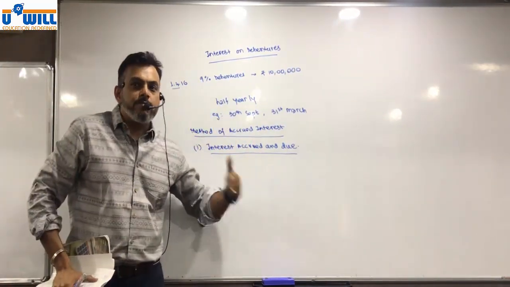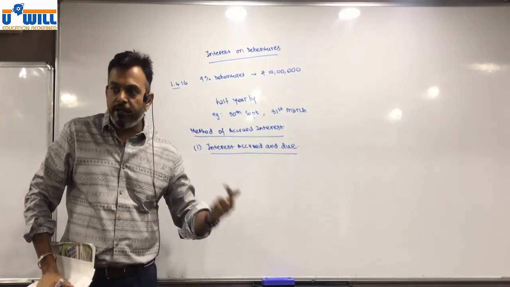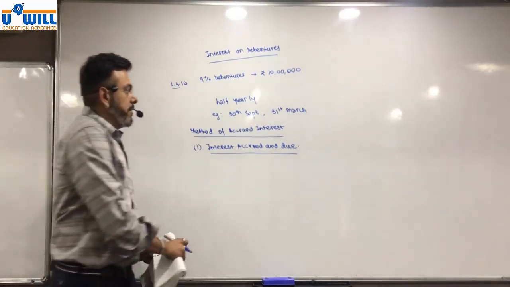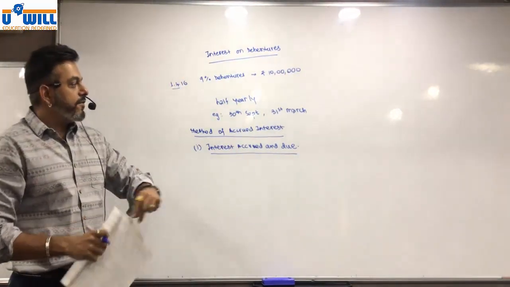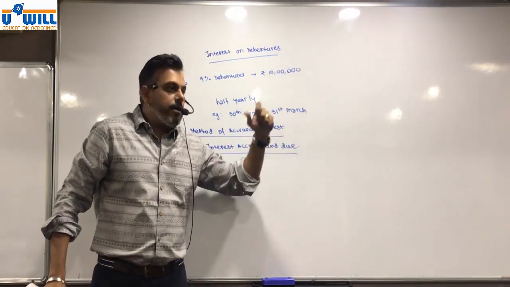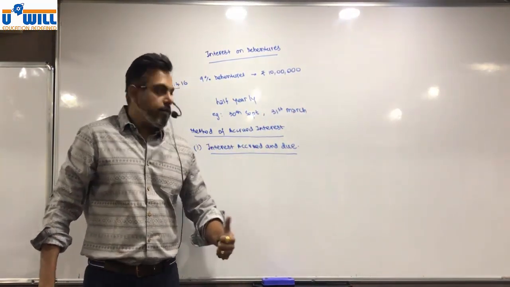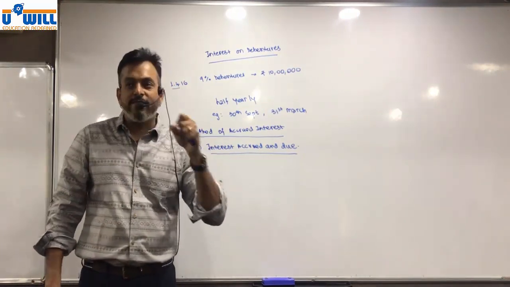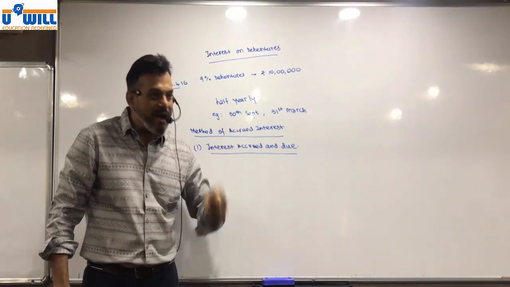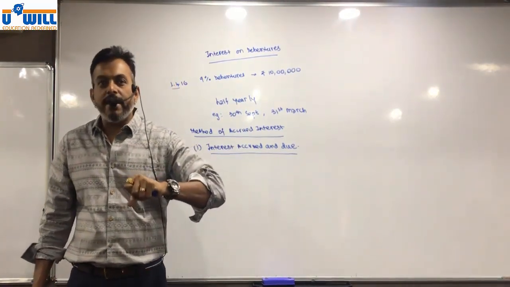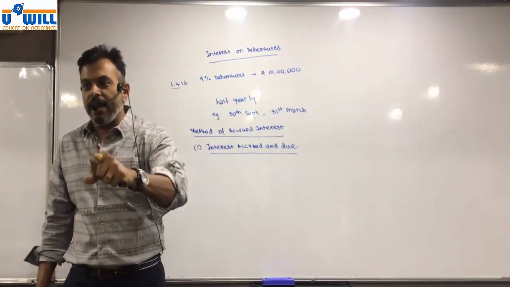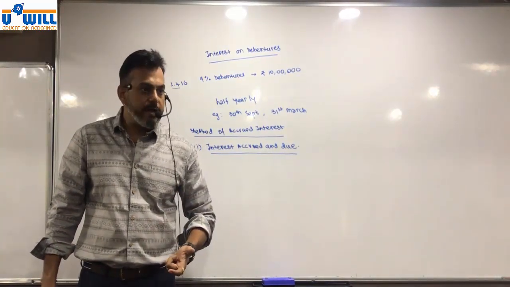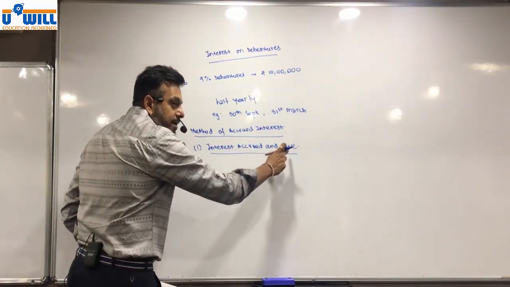Can I say with every passing moment your interest liability keeps on mounting? जैसे जैसे समय जाएगा वैसे वैसे इंटरेस्ट का अमाउंट बढ़ता जाएगा. पर ड्यू कब होगा? यही डेट्स पे ड्यू होगा. अब 31 मार्च को ड्यू हो गया, पर अभी तक हमने पेमेंट किया नहीं. सो इट इज इंटरेस्ट एक्रूड एंड ड्यू. अंडरस्टूड? जैसे कि तुम्हारे घर का इलेक्ट्रिसिटी बिल फॉर द मंथ ऑफ मार्च 31 मार्च को आ गया, बट तुमने अभी तक उसको पे किया नहीं है, तो ड्यू हो गया. जैसे ही बिल आया, इट हैज बिकम ड्यू. अंडरस्टूड दिस? बट यू हैव नॉट येट पेड द मनी. समझ में आ गया ये? सो फर्स्ट इज इंटरेस्ट एक्रूड एंड ड्यू.